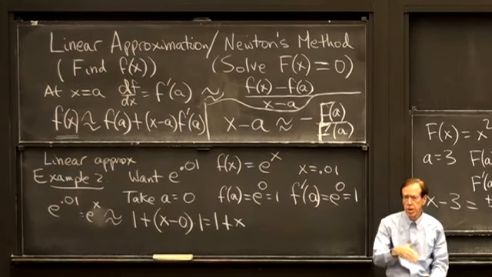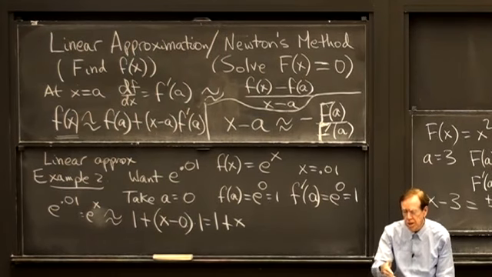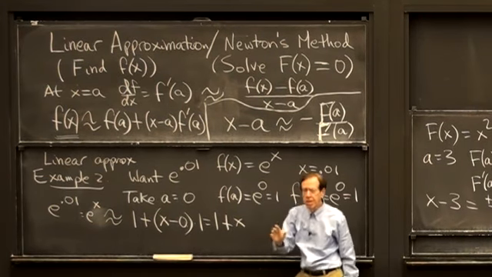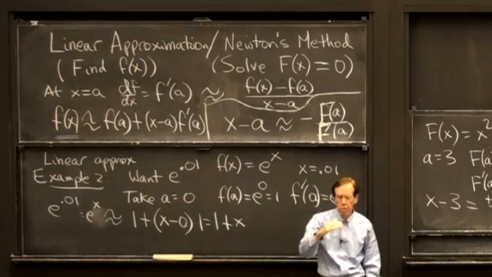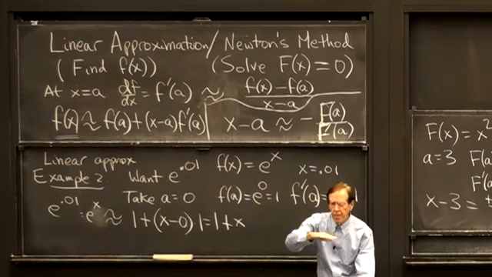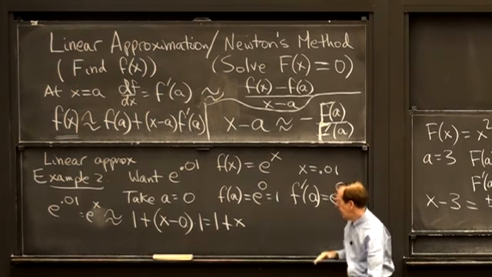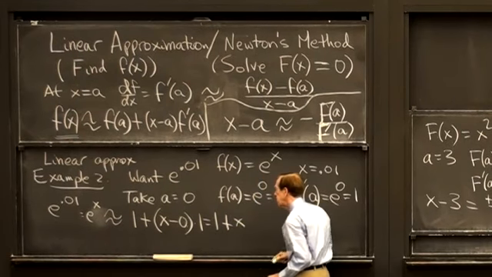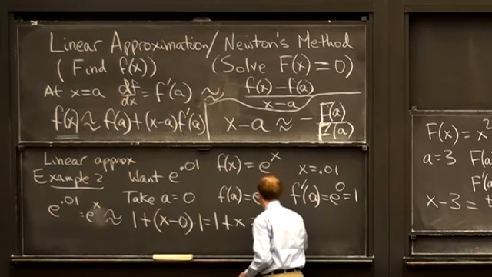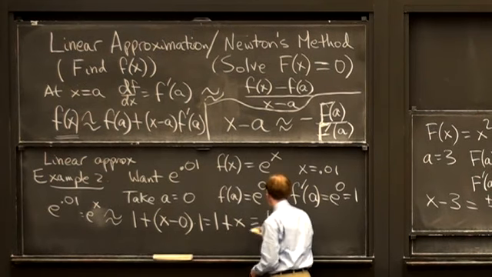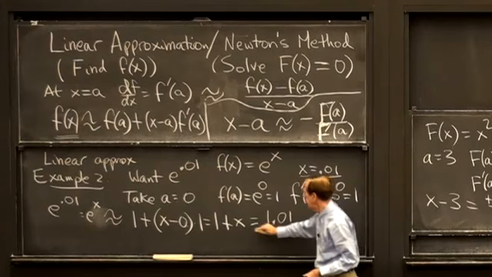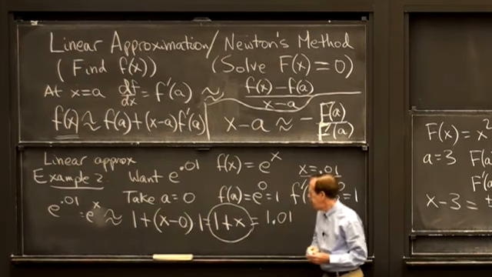Those are the higher order corrections that following the straight line misses. Those are the parts where the curve e to the x has left the line. But if I don't go too far, 1 plus x is 1.01, since x is 0.01. That's my approximation.